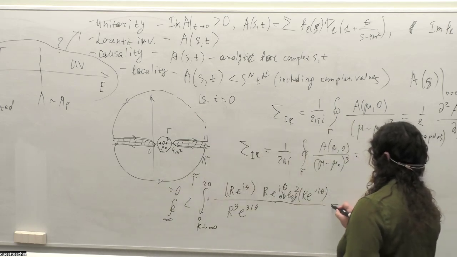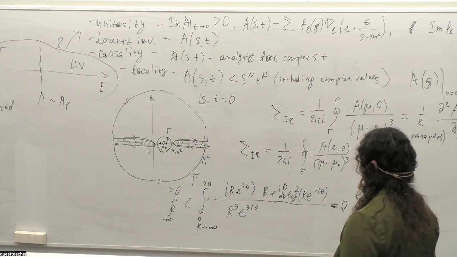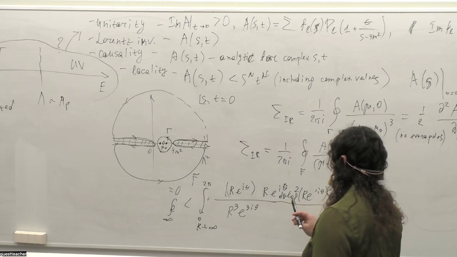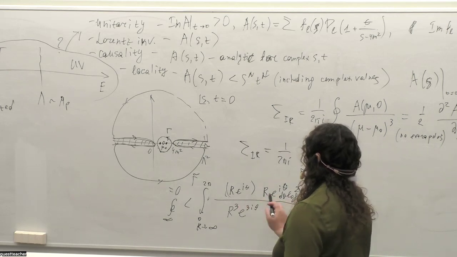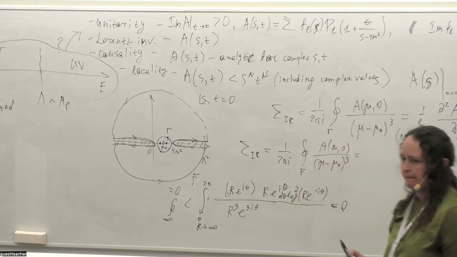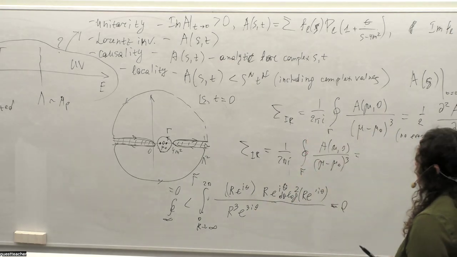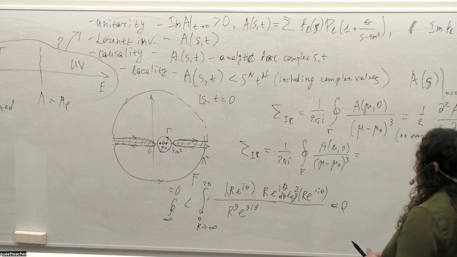Of course, it will be just 0 because here I'm getting R squared over R cubed. So it should be pretty clear that if the Martin-Froissart bound is valid, the integral will be 0.